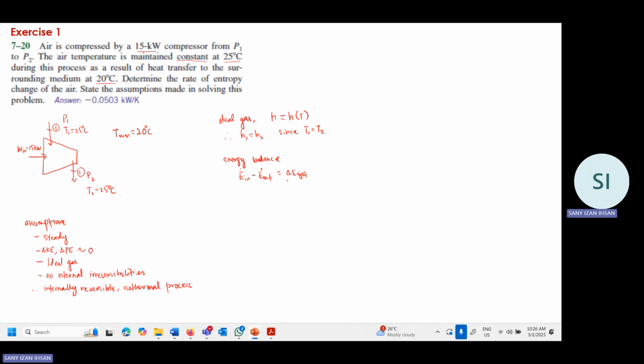Since we assume steady, we can eliminate that, equal to 0. Therefore, rearranging this, E dot in equals E dot out.